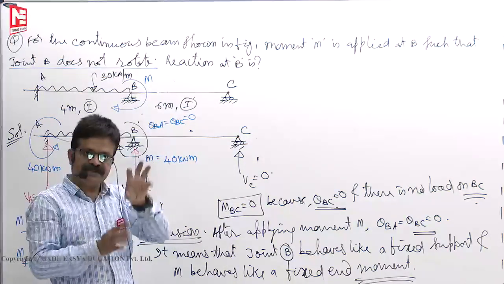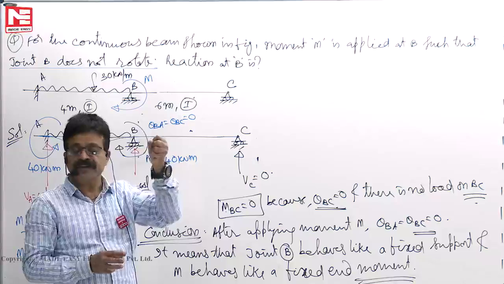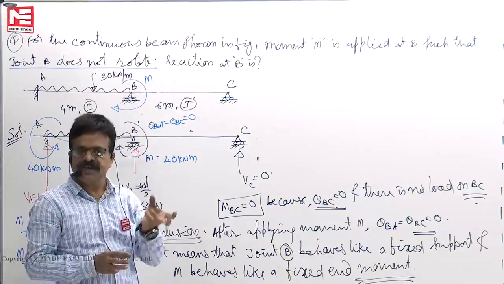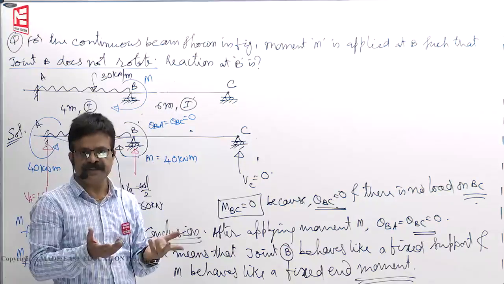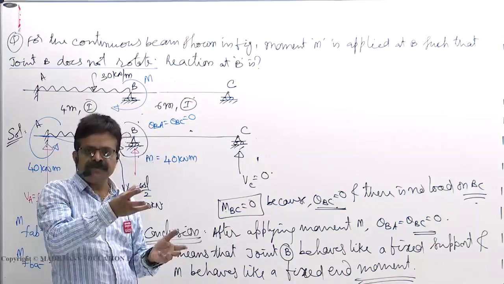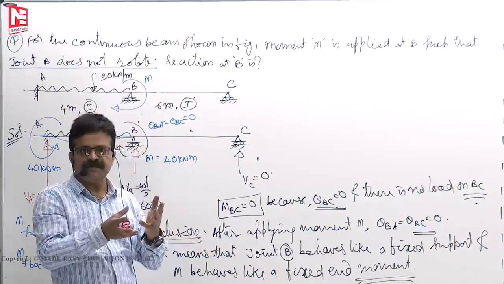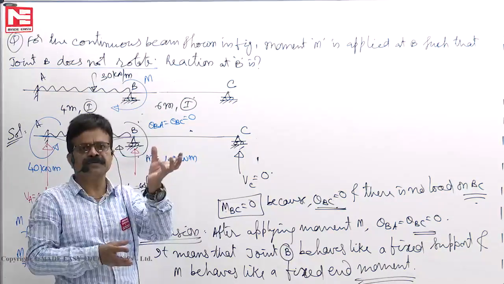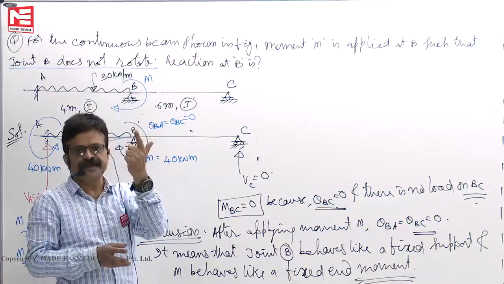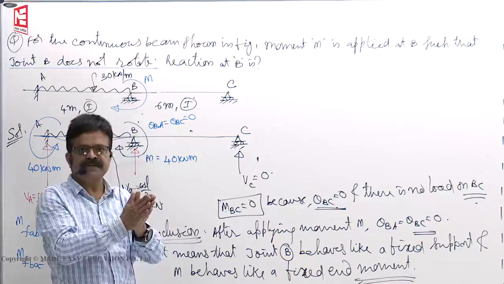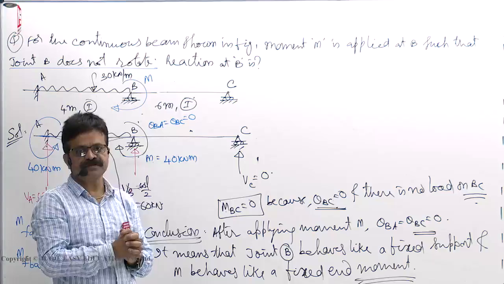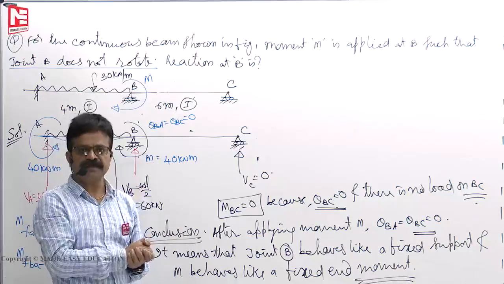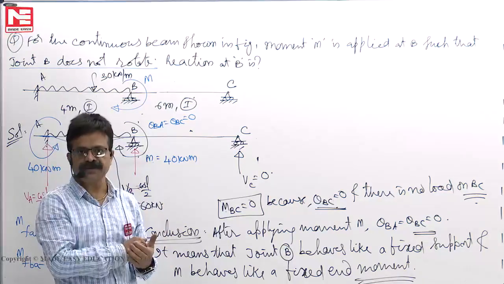Those reactions will constrain the beam and not permit rigid body rotation or translation. They make the slopes zero by applying some moments.